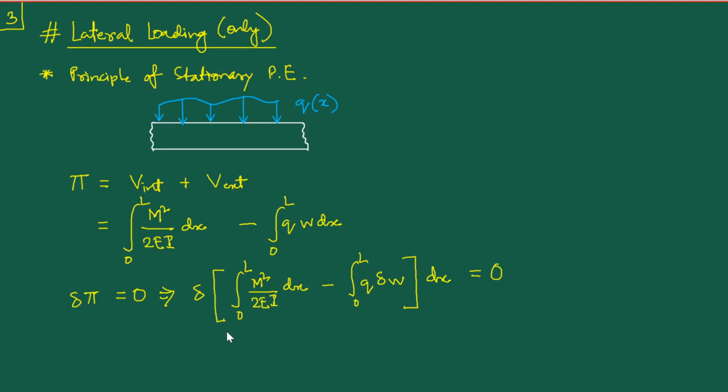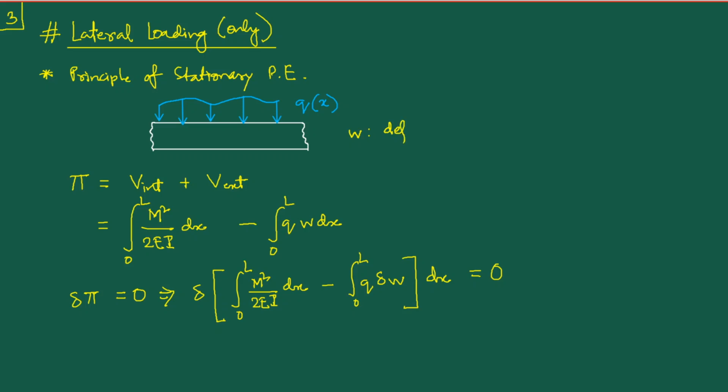Now let us move our attention back to our original goal. As I had mentioned, our final goal here is to find a governing equation for the deflection of the beam. This W, you note, does indeed represent the deflection.